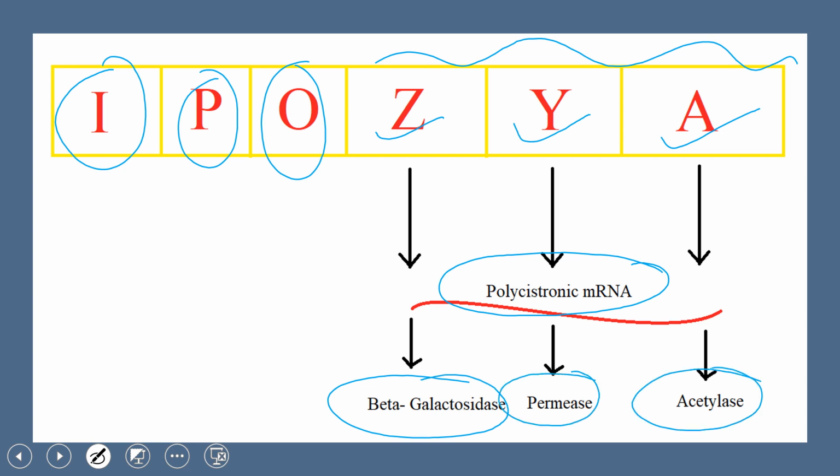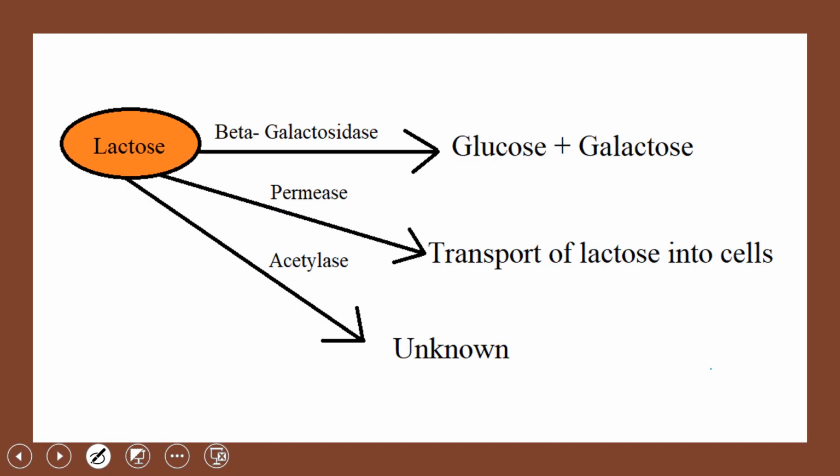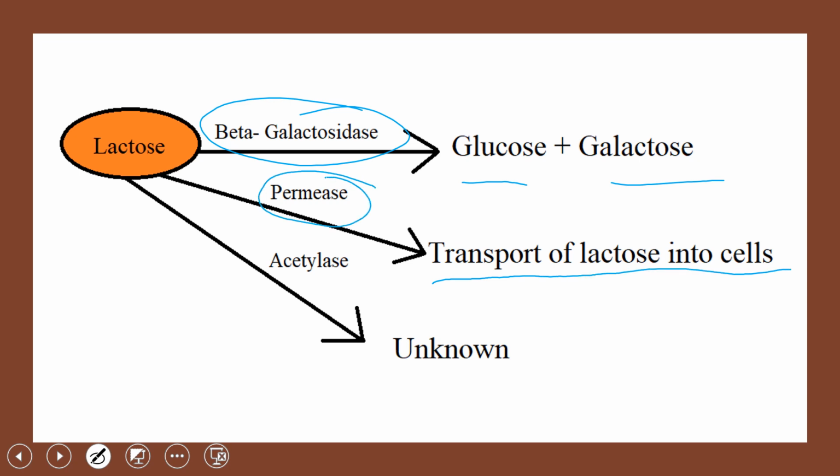So the function of beta-galactosidase, permease and acetylase is that lactose will be converted into glucose and galactose by the enzyme beta-galactosidase. Similarly, lactose will be transported into the cells by the enzyme permease.